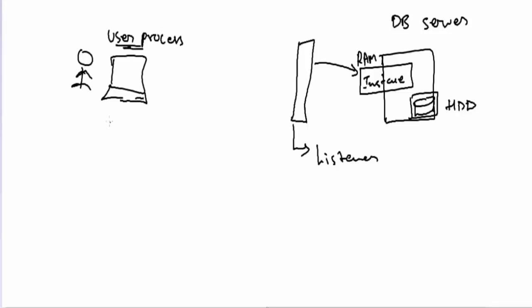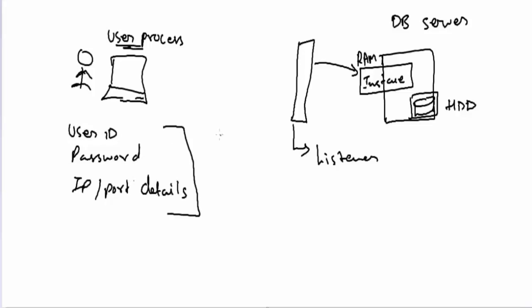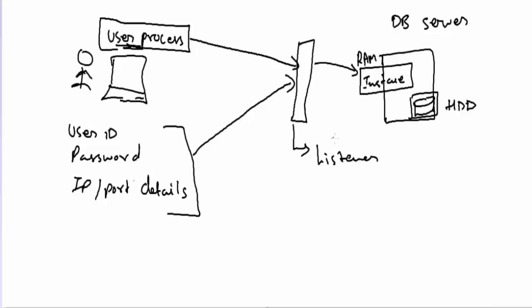The job of the user process is to collect the user ID, the password, and sometimes IP and port details from the user machine and pass them on to the listener. So this user process is responsible for collecting all the authentication data from the user system and sending it to the listener. On the server side, the listener is like a gatekeeper.